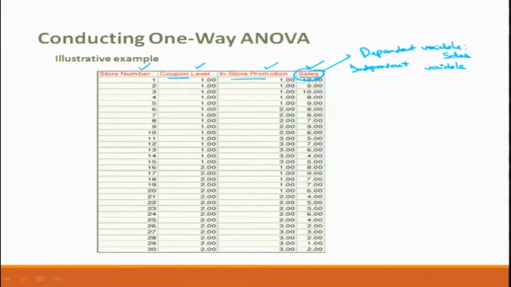There are two independent variables. The store number is just the number of the store, you can call it a serial number, or this is just nominal data. The independent variables are the coupon level and in-store promotion.